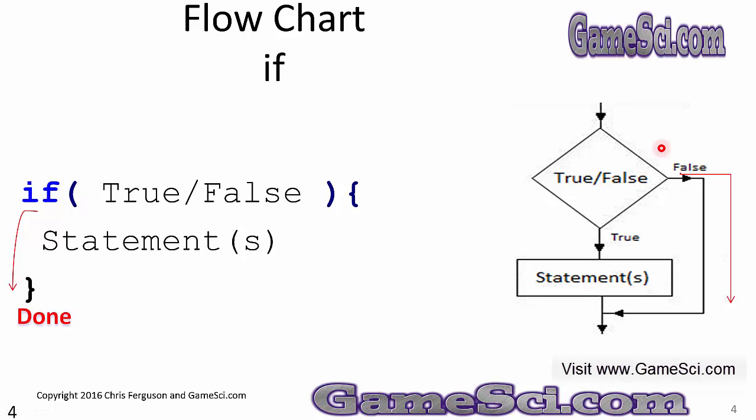Over here on the flowchart, you can see it will take the false path out of the diamond, go this way, and skip the statement. What we're doing is we're graphically showing you that it's skipping that block of code, and that's exactly how we expect the program to behave. When the condition is false, skip the if portion of the code and continue on. There you have it. That's called the flowchart for the if statement.